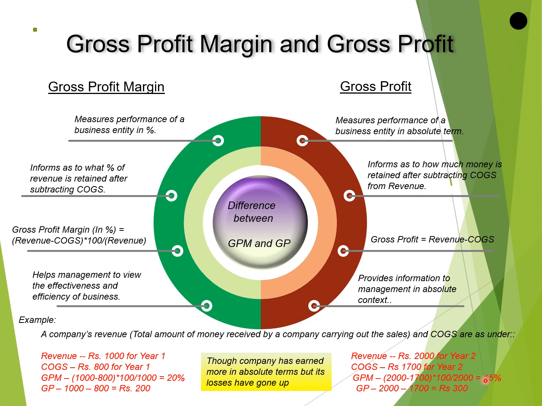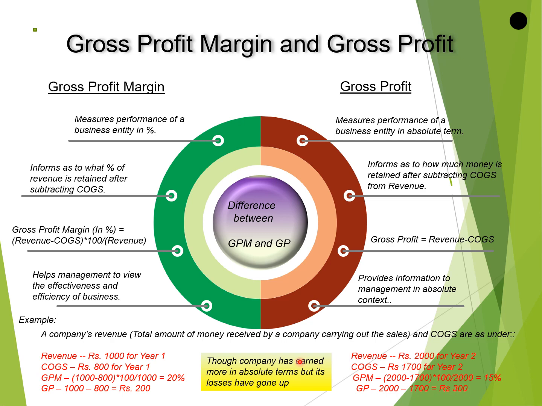This will give you 15%. That means the gross profit margin of the company has reduced from 20% to 15%. The gross profit shall be rupees 2000 minus 1700, that is rupees 300.